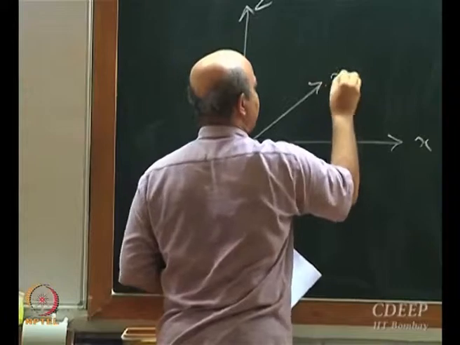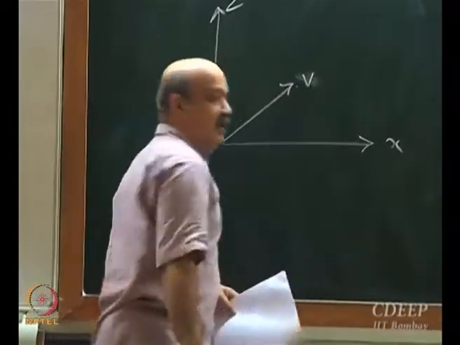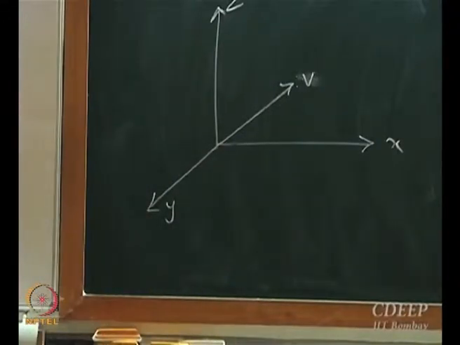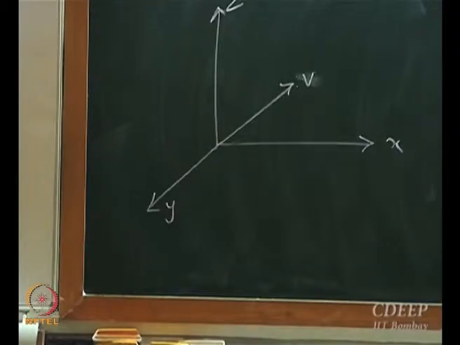So this is a vector, say x, or let's call this vector v. It has three components, x, y, and z, and this is how we normally imagine a vector space.